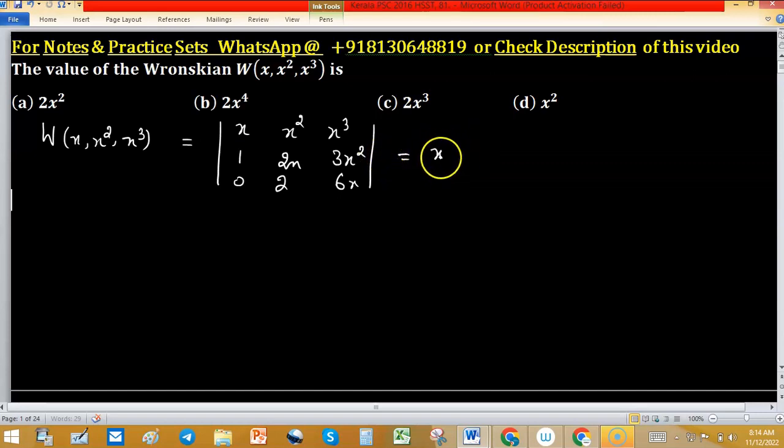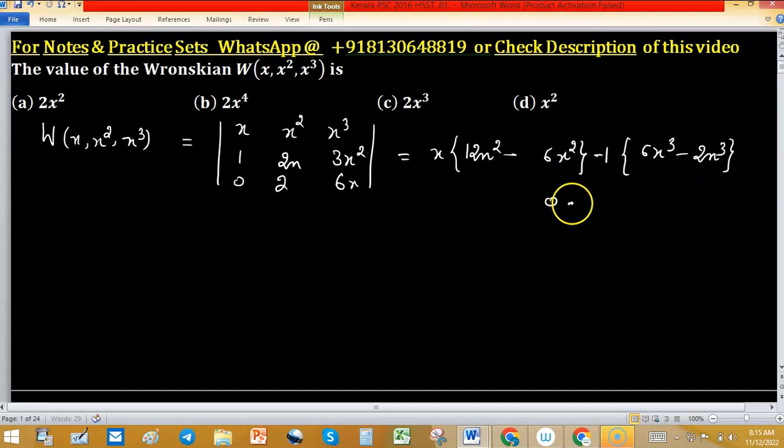So we will have x outside, 12x square minus 6x square, minus 1 times 6x cube minus 2x cube, and 0 into whatever the number. This term will go to 0.